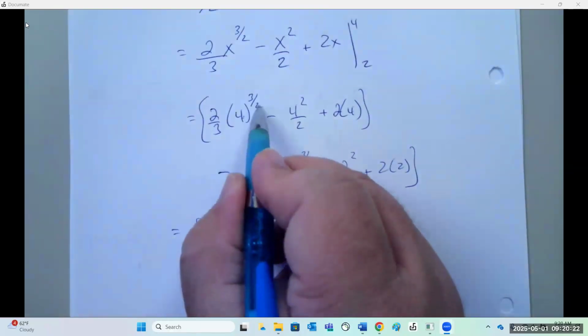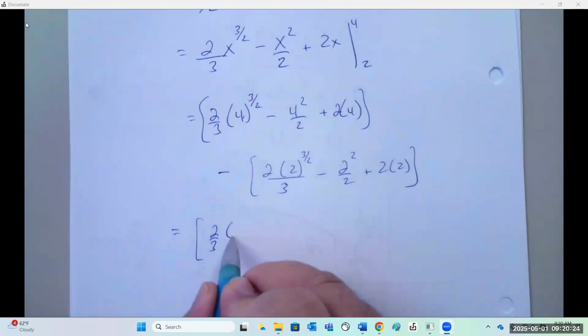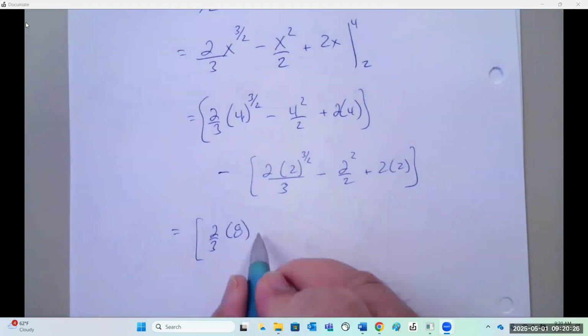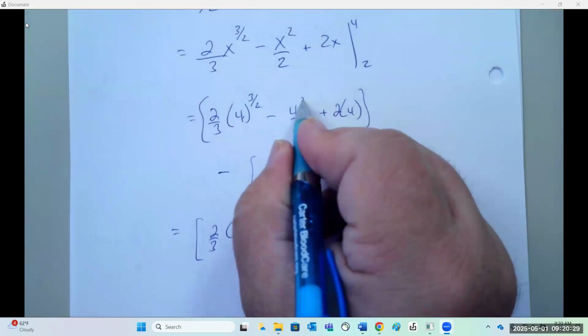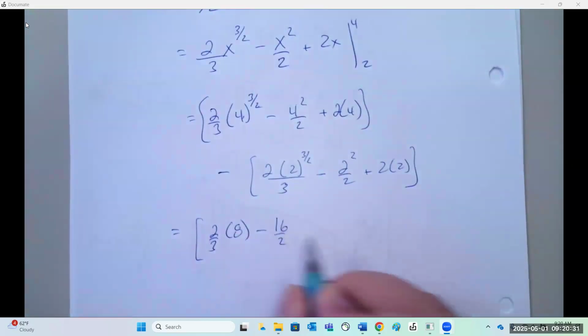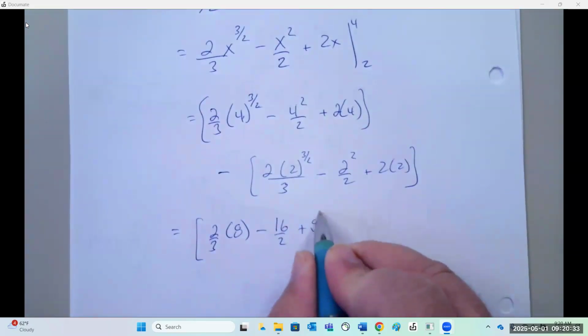The square root of 4 is 2, 2 cubed is 8, and 4 squared is 16 over 2, plus 8.